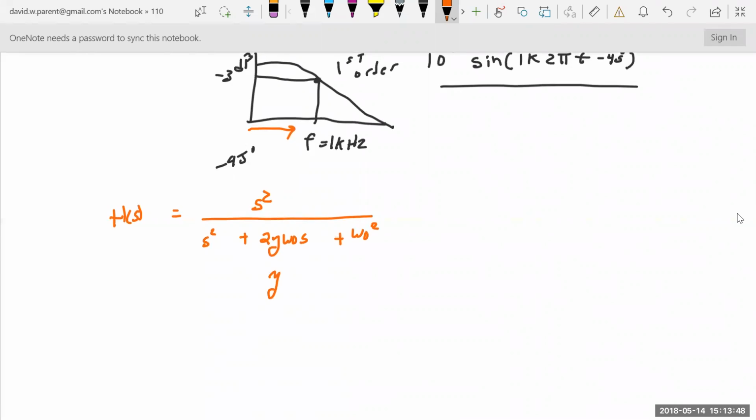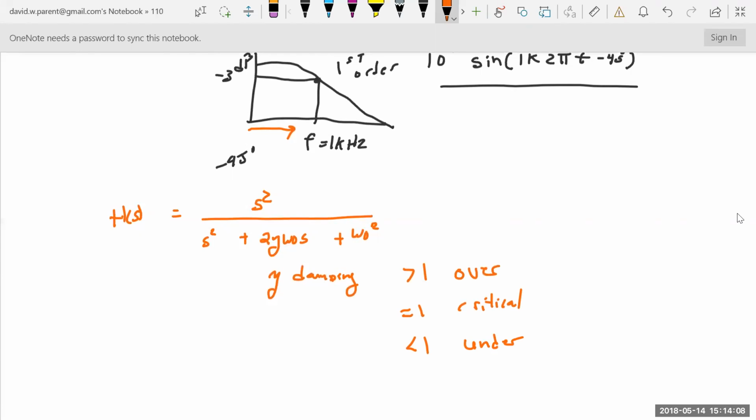The zeta here is damping, right? Bigger than 1 is overdamped, equal to 1 is critical, less than 1 is underdamped, right?